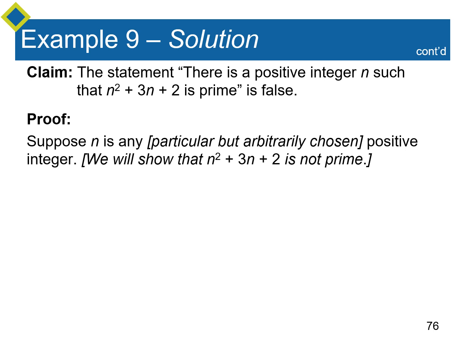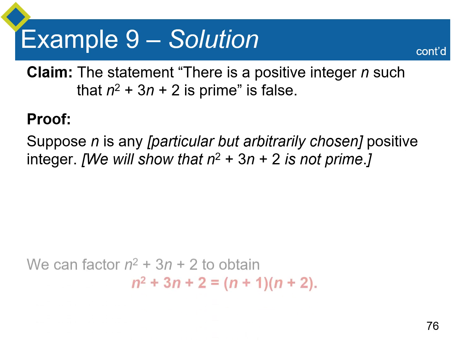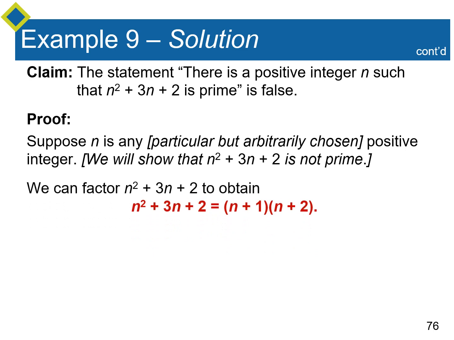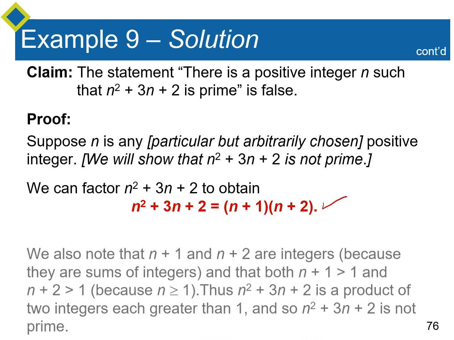Suppose n is any positive integer. We must show that it's not prime. We can factor n squared plus 3n plus 2. We come to this one by factoring.